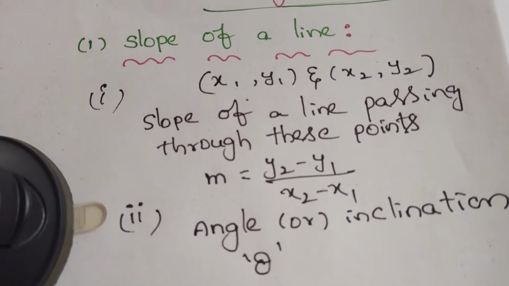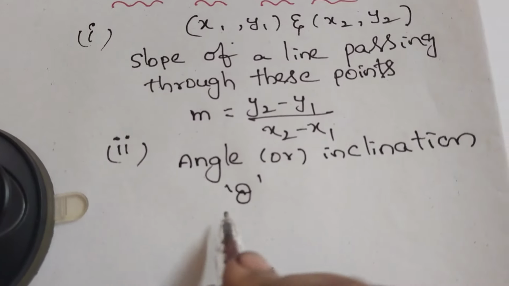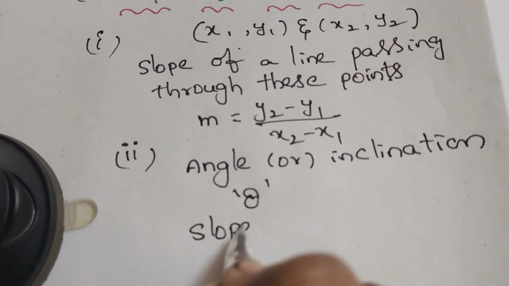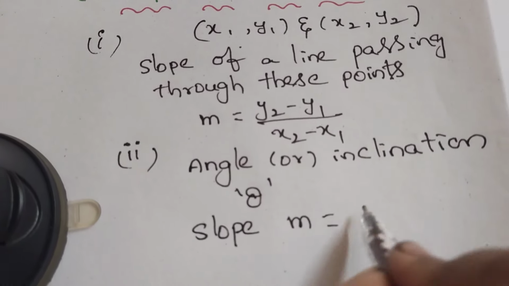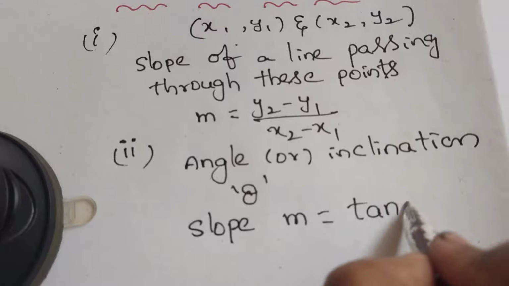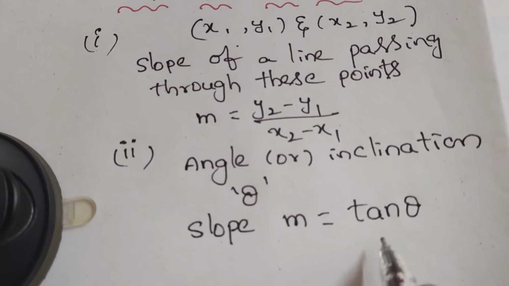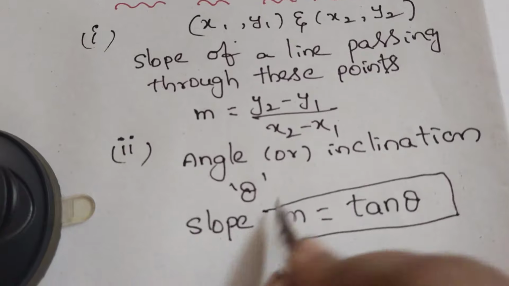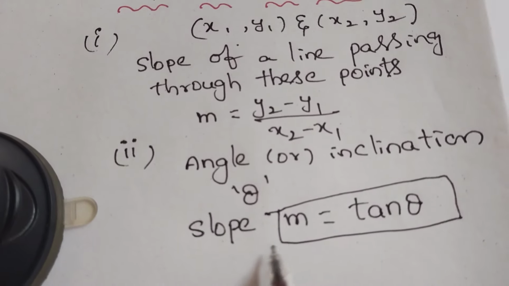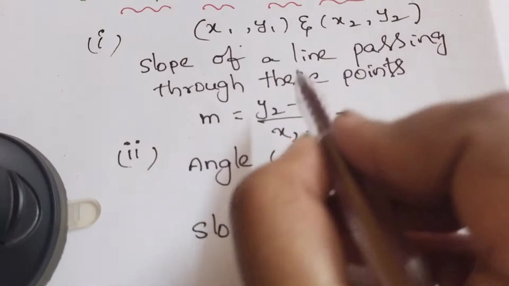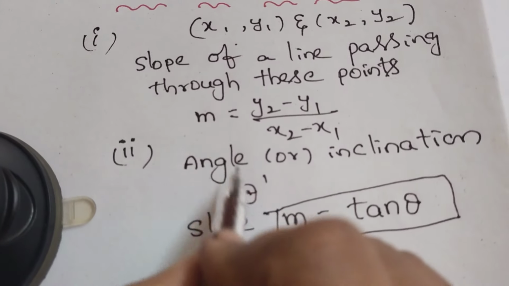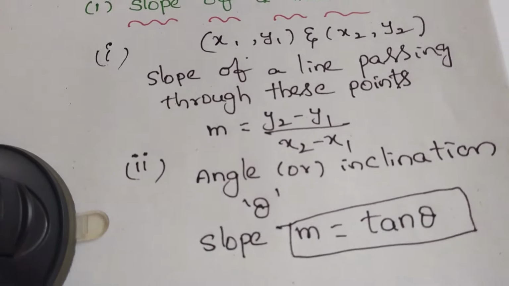When we know this theta, at that time the slope is m equals tan theta. So this is the second case of slope. When we know the angle, this is the slope formula. When we know two points, this is the slope formula. So based on this, we will do some examples.